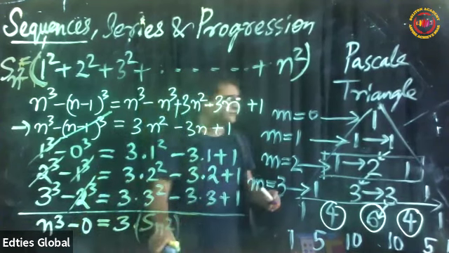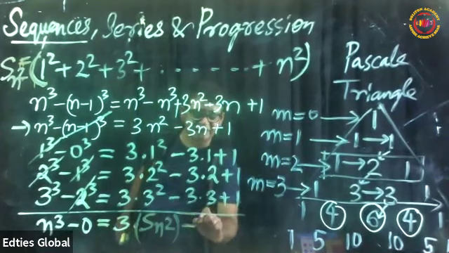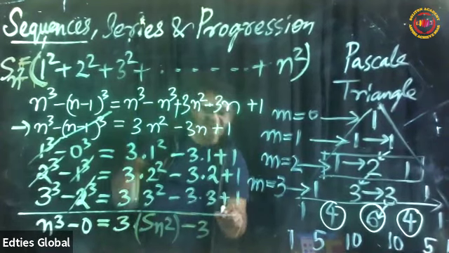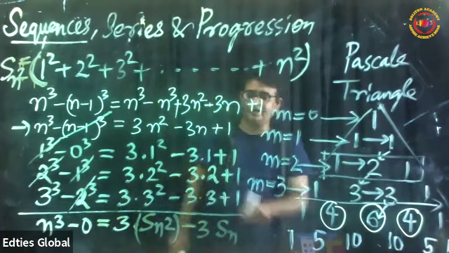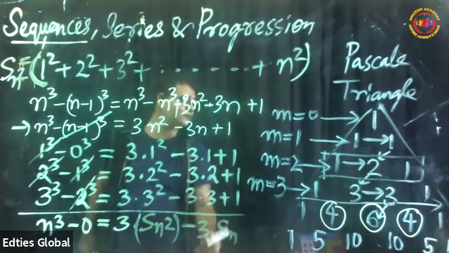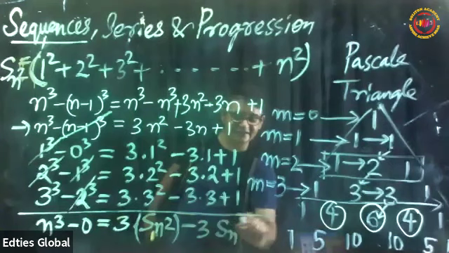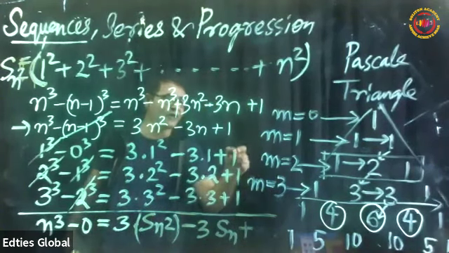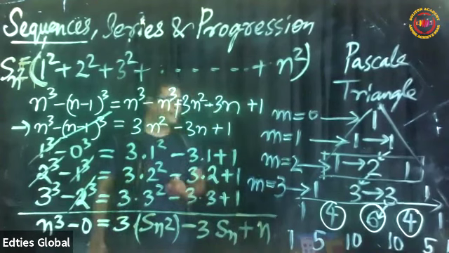This is the series we are interested in. Minus 3 times the sum of the natural numbers that we did before. You see 1 plus 2 plus 3 and so on, it will go till the nth term, and the last thing you will add is 1, n times.